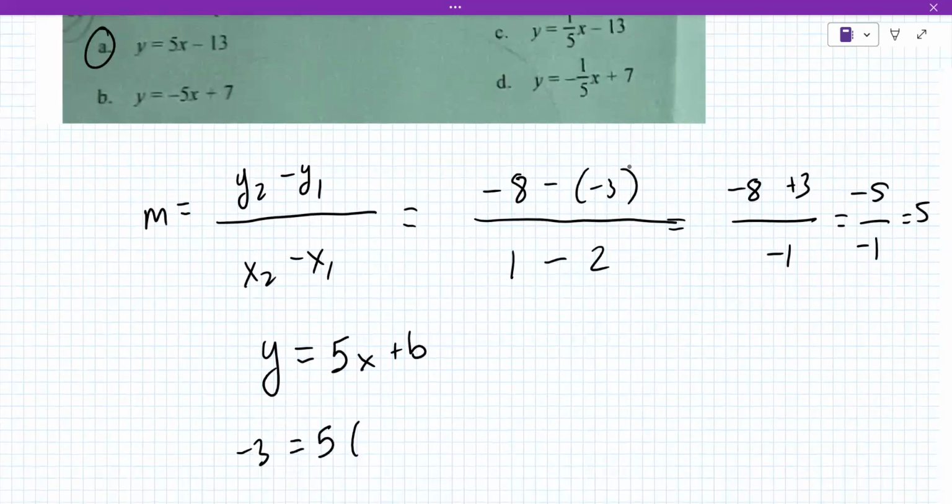Sorry, not +1, 2. And we have enough to solve for b.